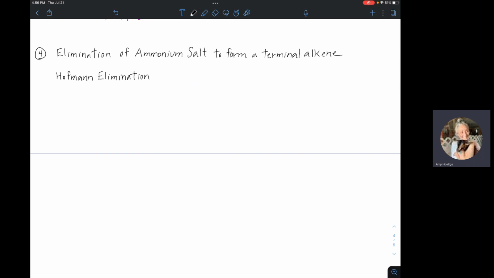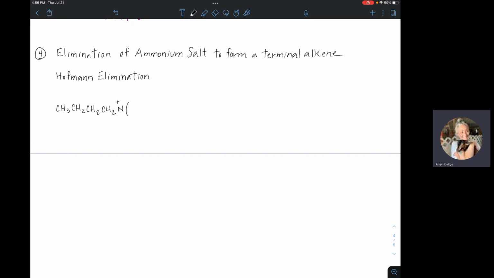So in the Hofmann elimination, we take a molecule where you might expect the major product to be the more heavily substituted alkene if you were to make an alkene from this thing.